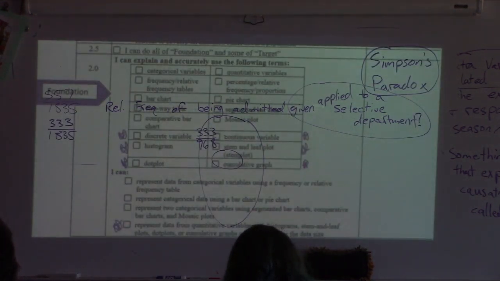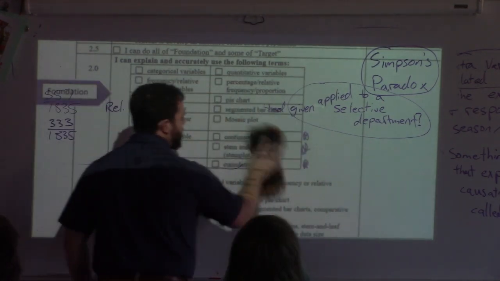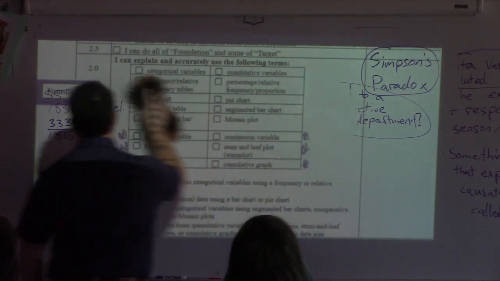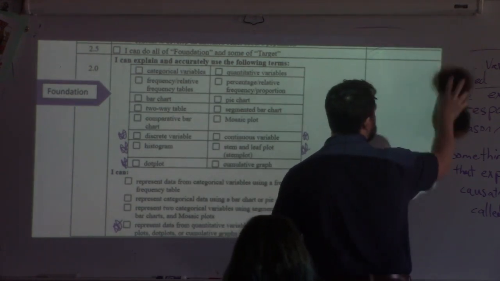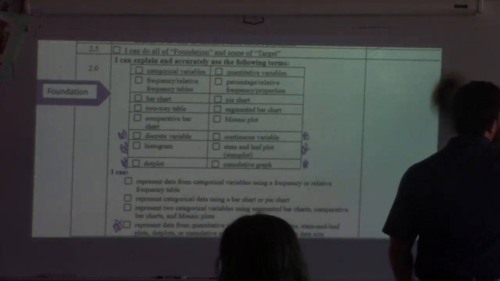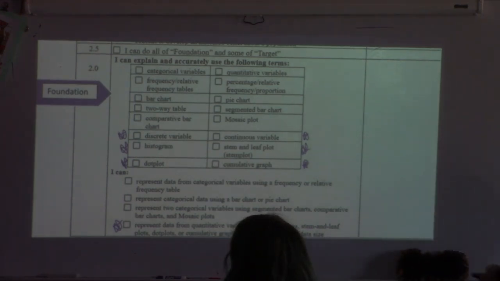We're probably going to quickly finish up graphs for quantitative today, which means tomorrow after the test, we get to jump into analyzing those quantitative variables. How long do we have on the test?